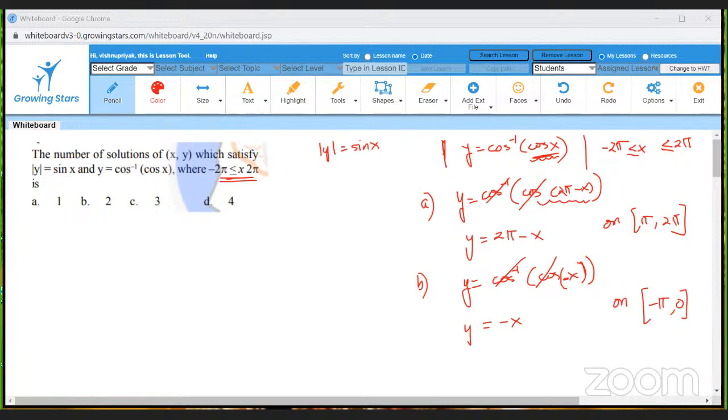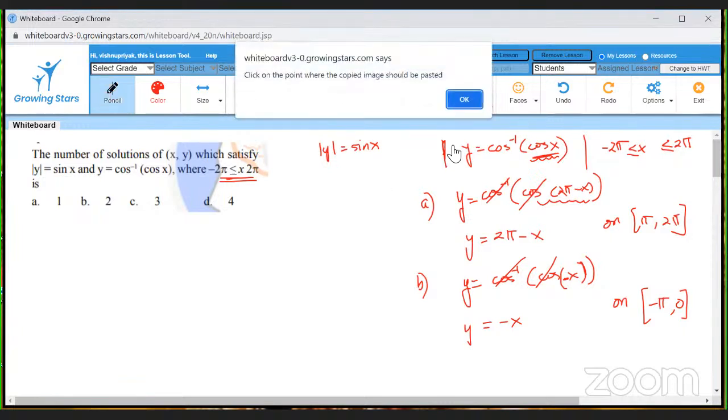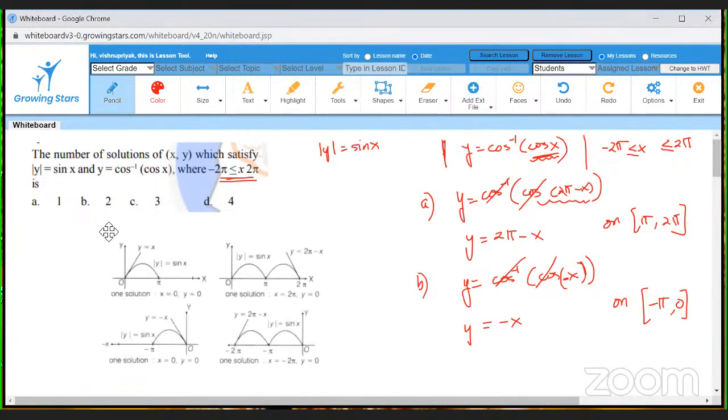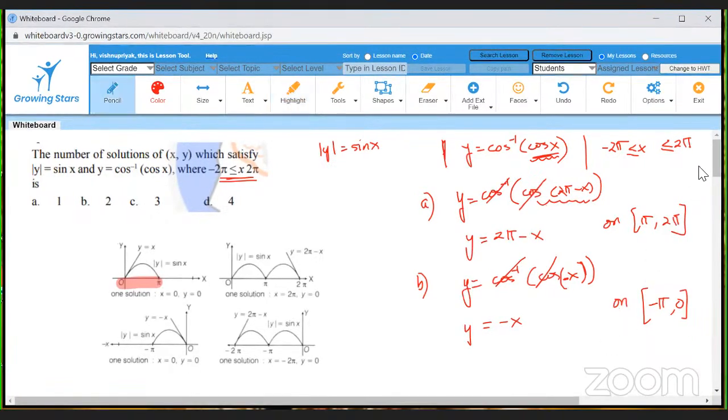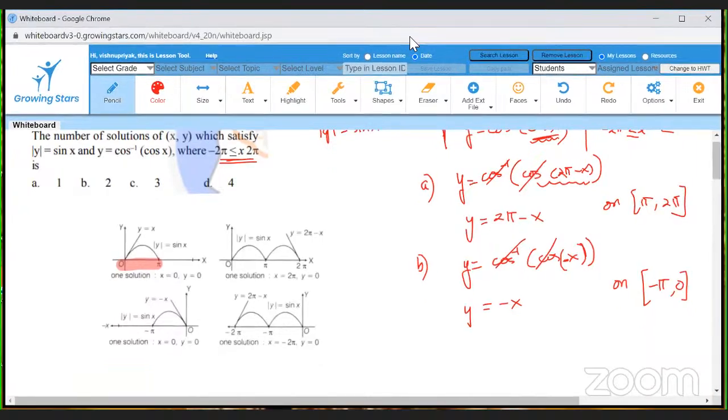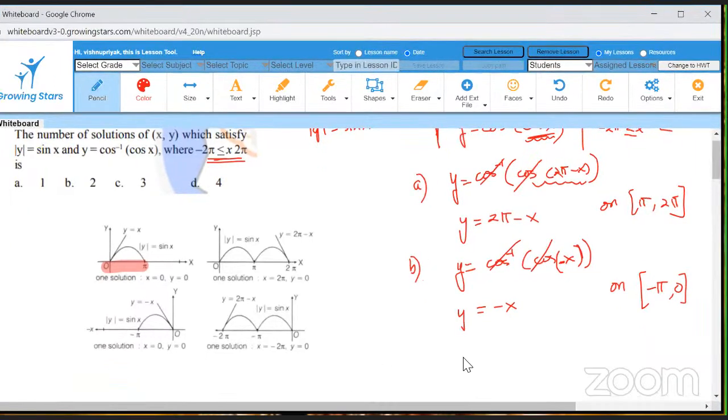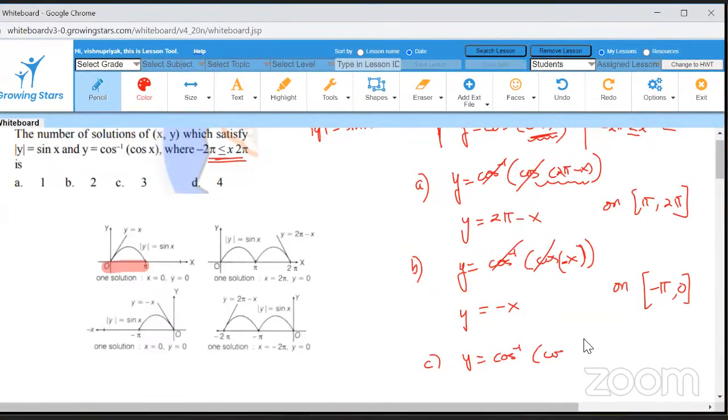I'm drawing the diagram. I have used a graph to draw this diagram. When the interval is 0 to pi, y is cos inverse of cos x.